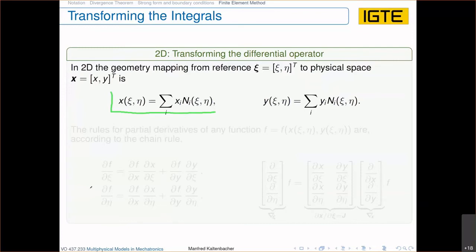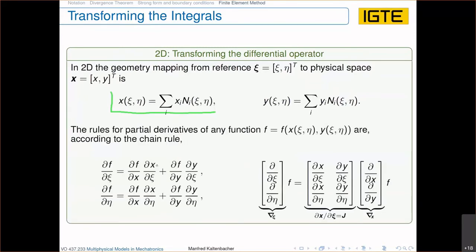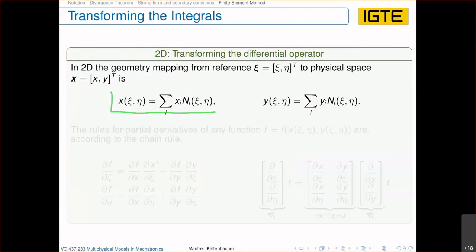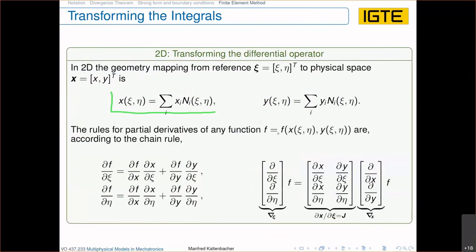Yeah, and what we now have to do is exactly the following: we have this function f now as a function of x and y. X is a function of the local coordinates psi, eta, y is a function of psi, eta.